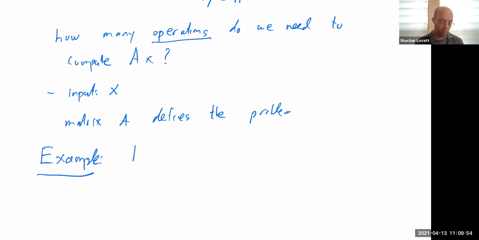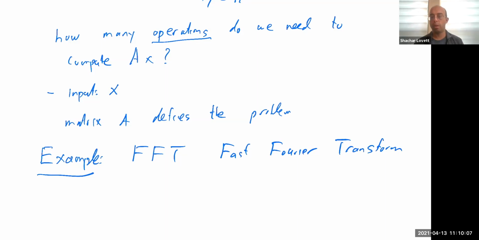The example I want to tell you about is the FFT, the fast Fourier transform. I'm sure all of you have heard about the FFT, and how crucial it is in many applications for digital signal processing, analog, GPS, everywhere.